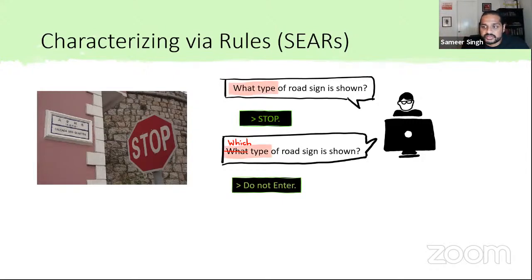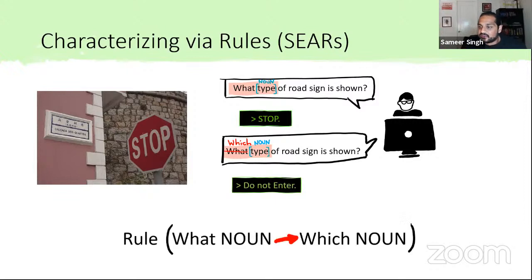So an example of a generalization might be to say, literally the string "what type" should get replaced by "which type," and that should never change the meaning of the question. Let's see how often it changes the output. Or you can also generalize this further. You can say, anytime we see "what noun," replace it with "which noun" and see what happens.